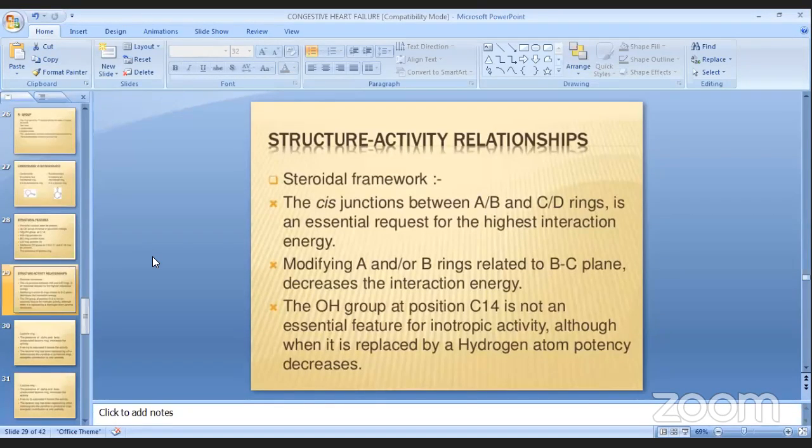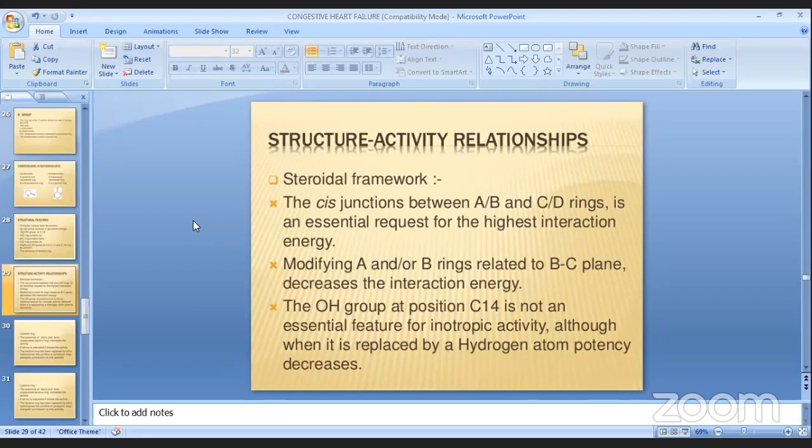If you change the position and the BC plane, then the activity decreases. So this is very important for the AB and CD rings. If you modify this, there will be a decrease in activity. The OH group at the 14 position is an essential feature for the inotropic effect.